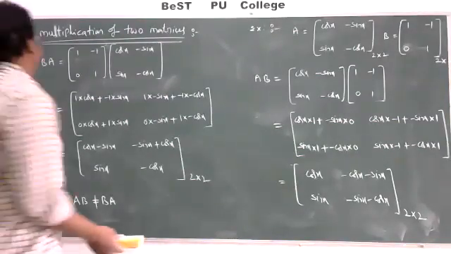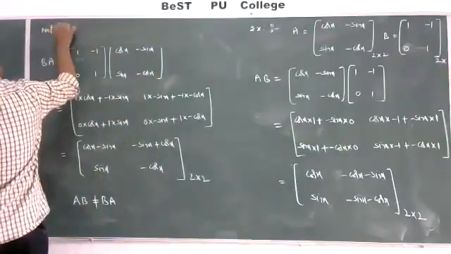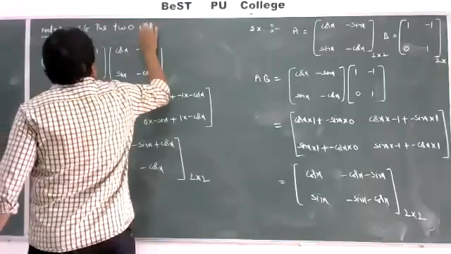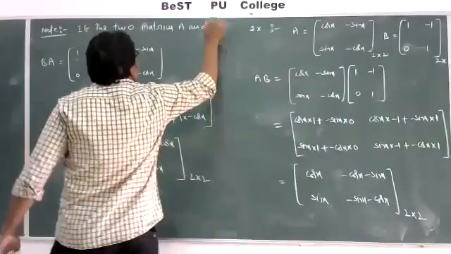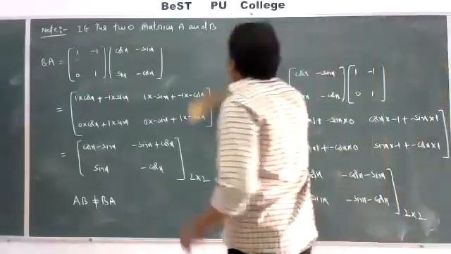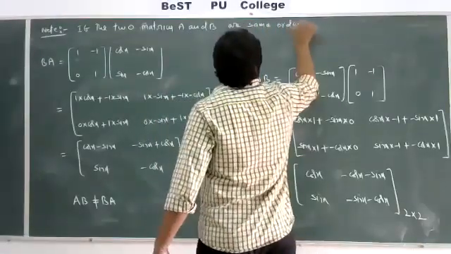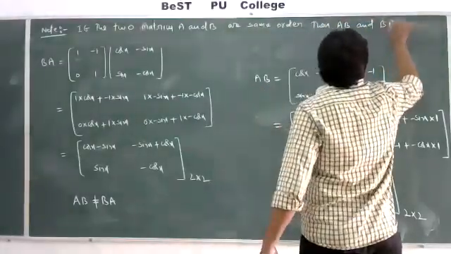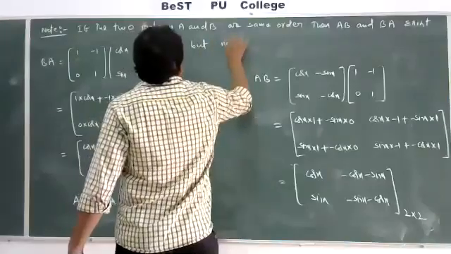Here note one point. Note: if the two matrices A and B are of the same order, then AB and BA exist but are not equal.